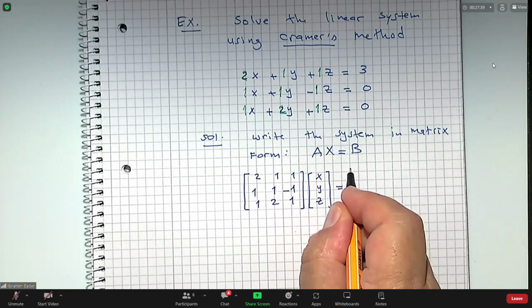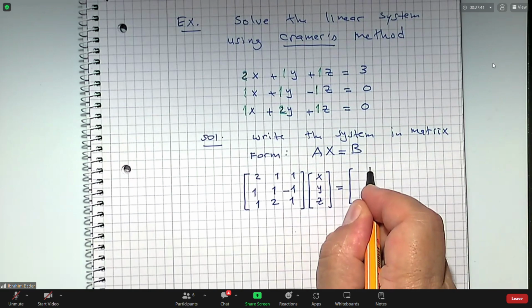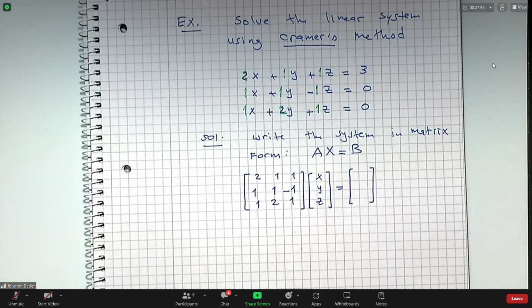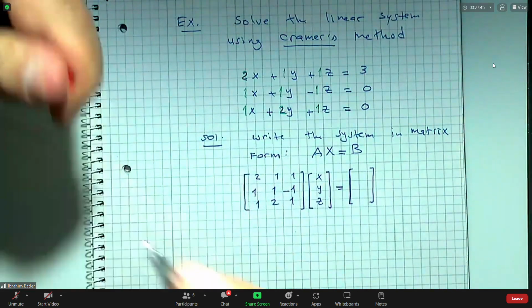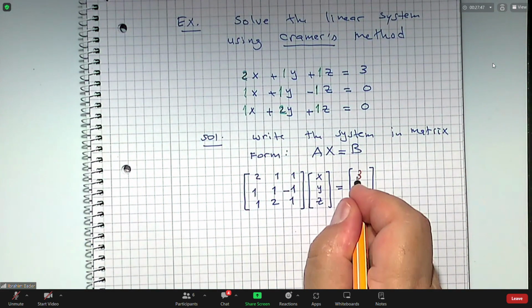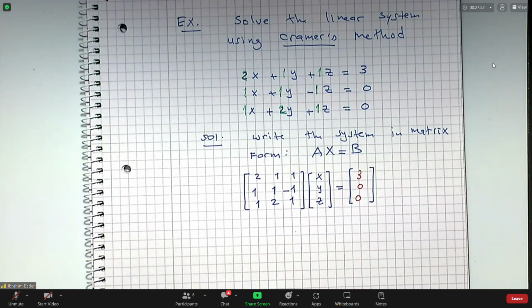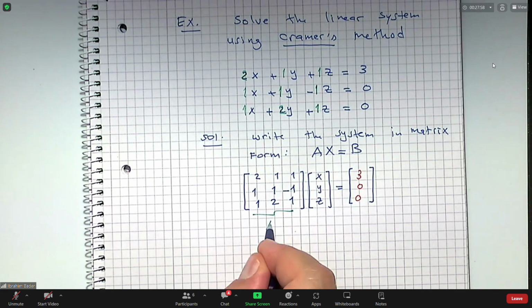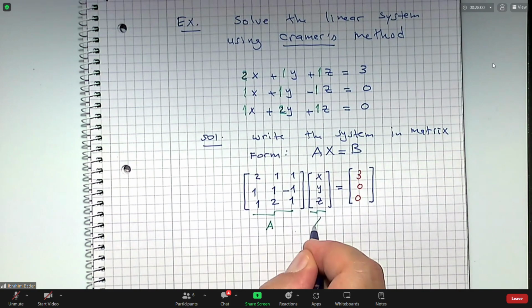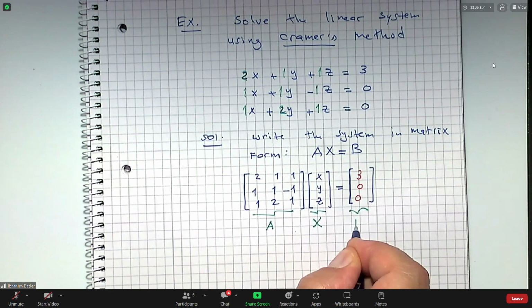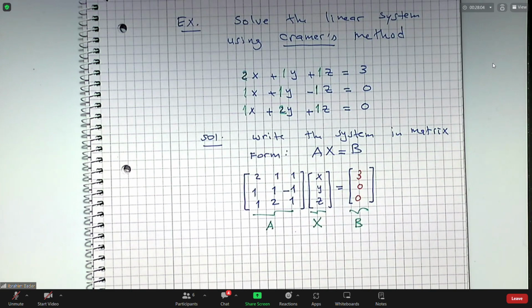And simply here, let me just write it in red, it is 3, 0, 0. Okay. Now, this is obviously A, this is capital X, and this is the right-hand side, which we labeled with capital B.